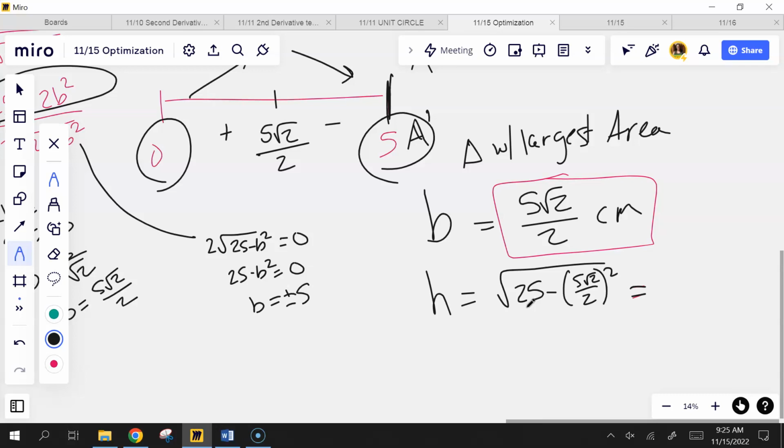What do you get here? 2, so that would be, does this come out nice and neat or no? 25 times 2 is 50. 50 over 4. So no, it doesn't come out nice and neat. Is that what y'all got?